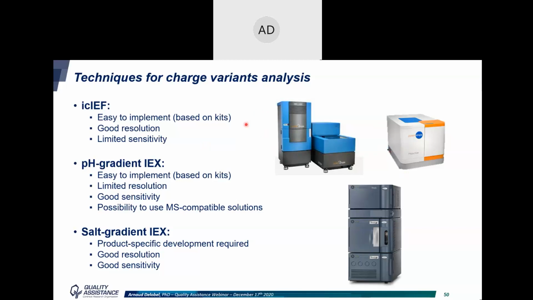You get a very good resolution. It can be used as a platform method with no optimization, or with minimal optimization if you want to have a product-specific method. And the only drawback is that the sensitivity may be quite limited for minor isoforms.